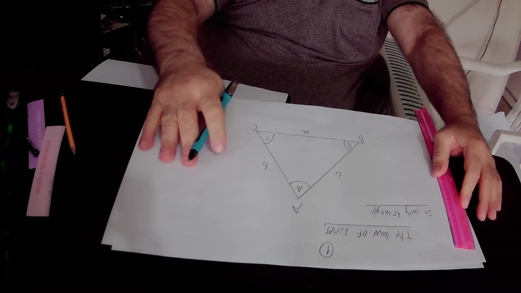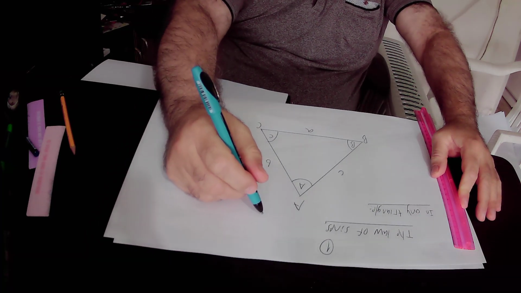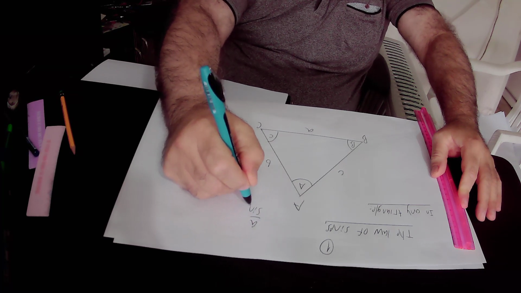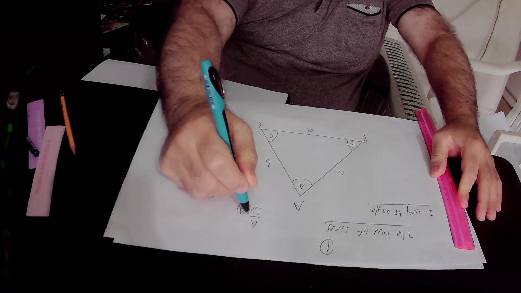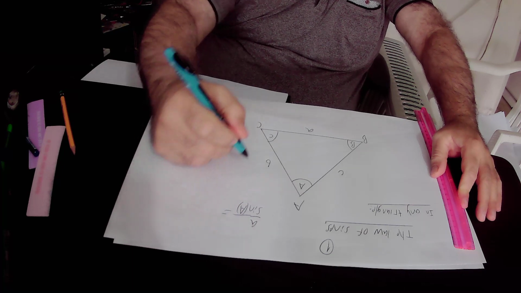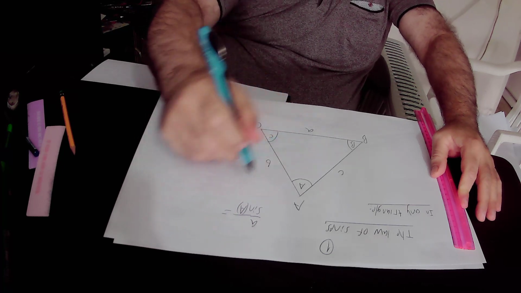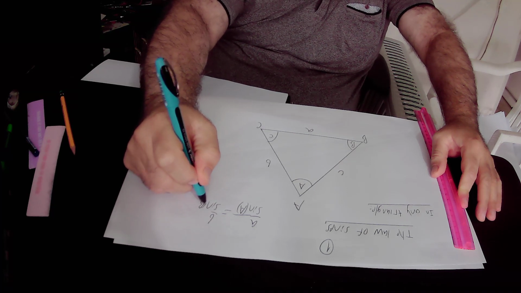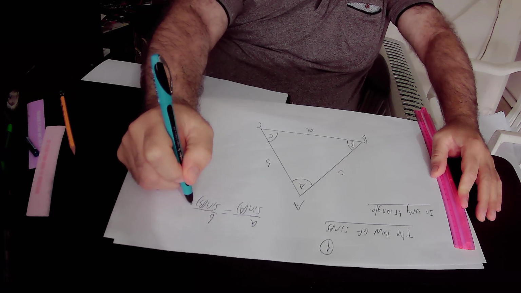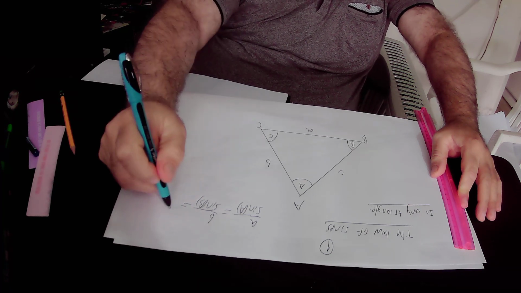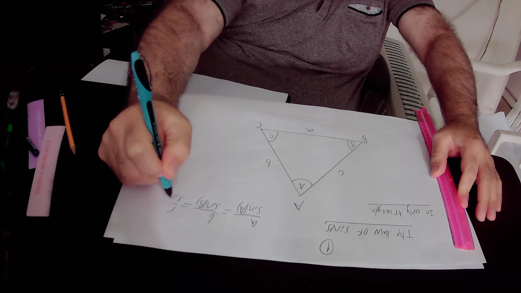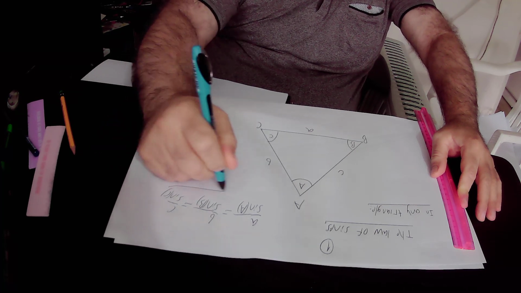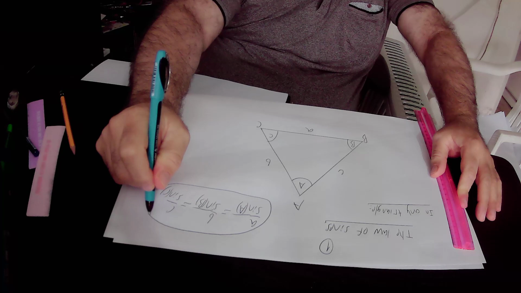Then, according to the law of sines, A over sine A equals B over sine B, and it also equals C over sine C. And it is true in any triangle.